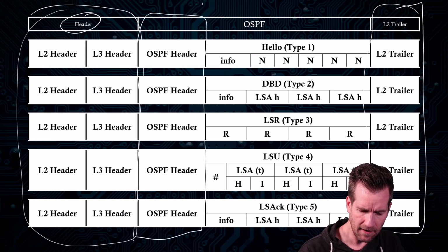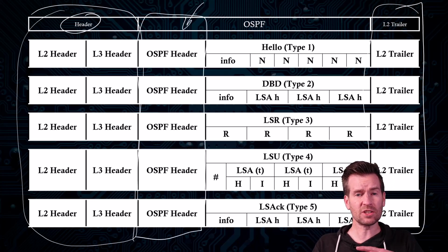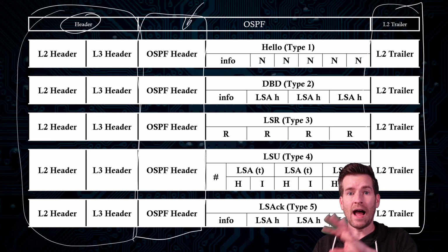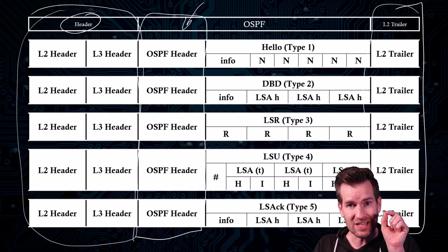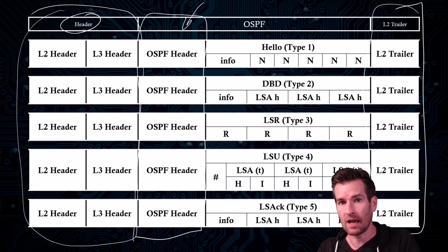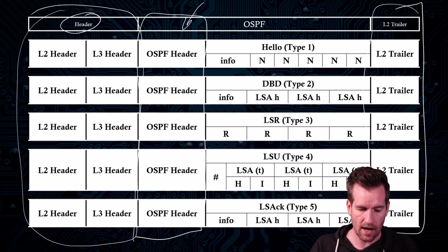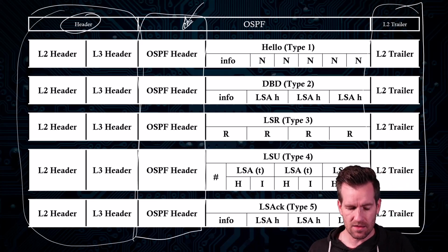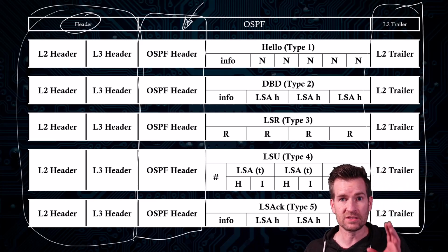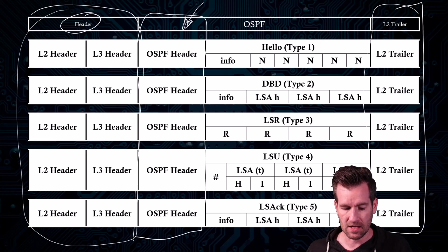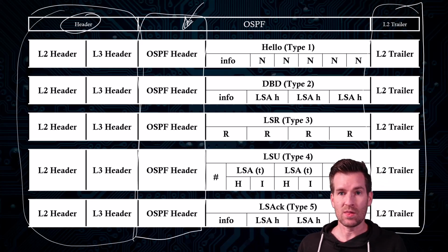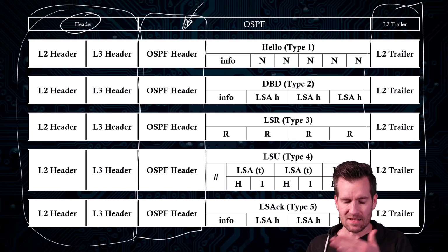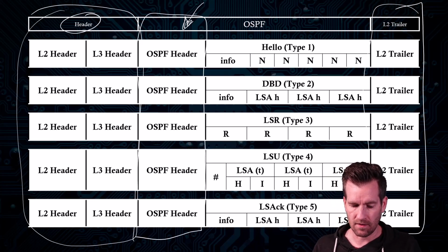And the OSPF header, the fields are going to remain the same throughout this communication, but the information in the fields will change depending on which router is talking to which router. So that information will change a little bit within those fields, but the fields themselves are all going to be the same fields. All right, so that gives some information as it's passing back and forth between these different devices.